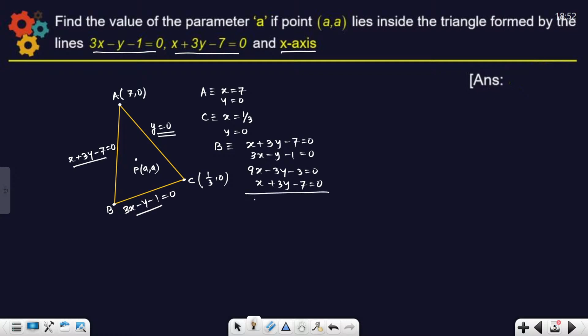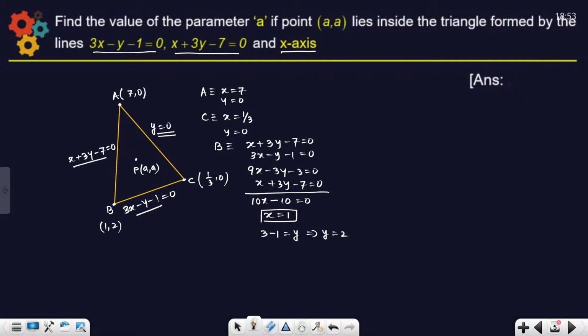After adding, we are getting 10x minus 10 equals 0. We got a very nice coordinate, which is x equals 1. Now, if x equals 1, we are getting 3 minus 1 is y. So we are getting y as 2, right? So the coordinate of B is nothing but (1, 2). Is it clear?